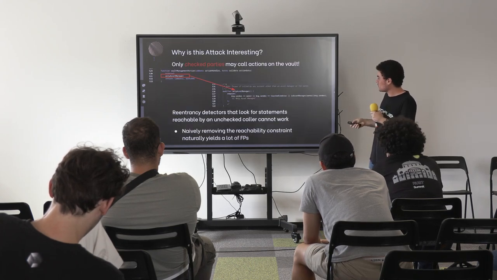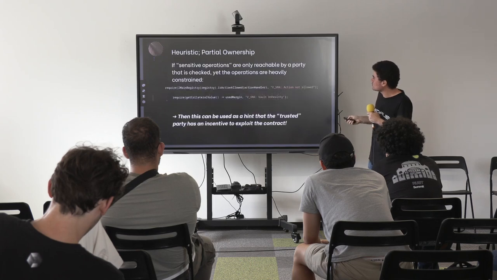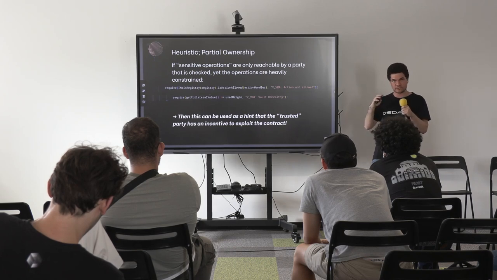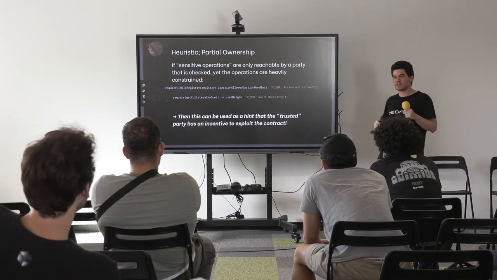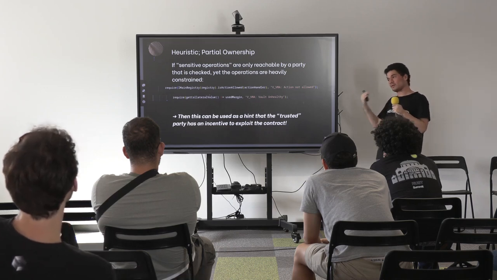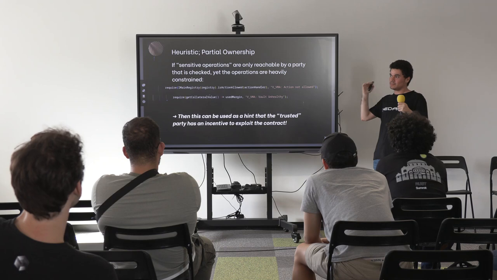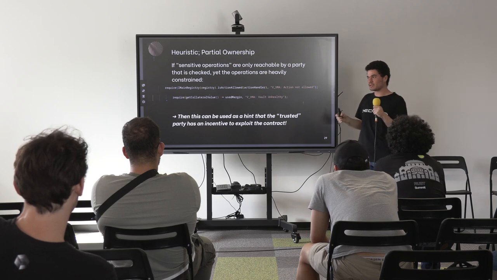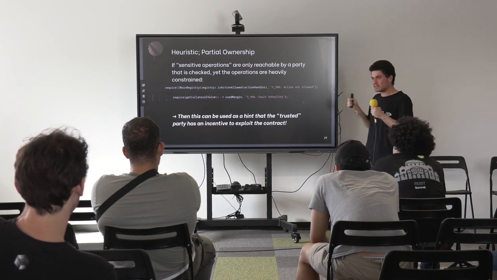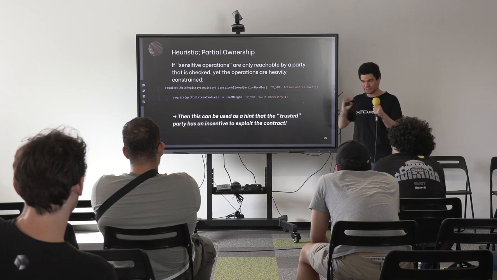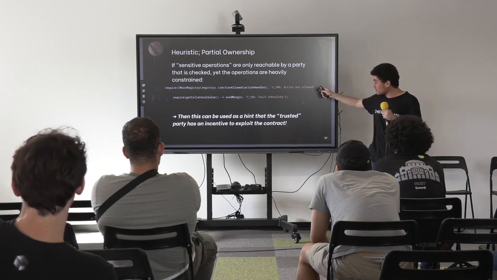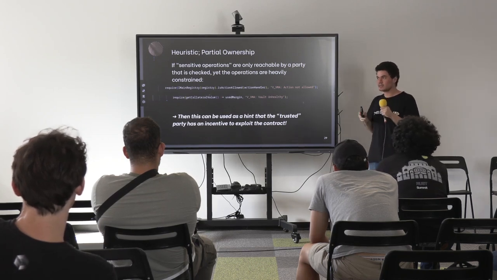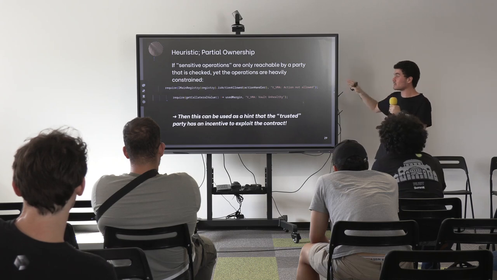And the heuristic we can come up with is the notion of partial ownership. So even though the caller is checked, and in theory, he shouldn't be incentivized to exploit it, we can take note that his actions are not completely free. So we have instances where, even though this is the owner calling the contract, his inputs are heavily sanitized.